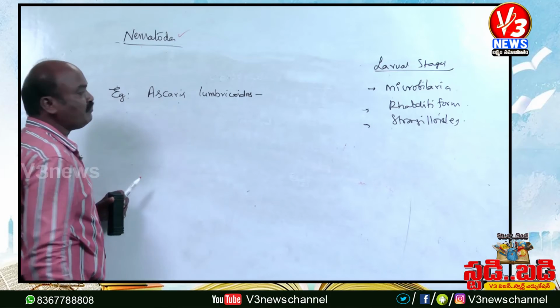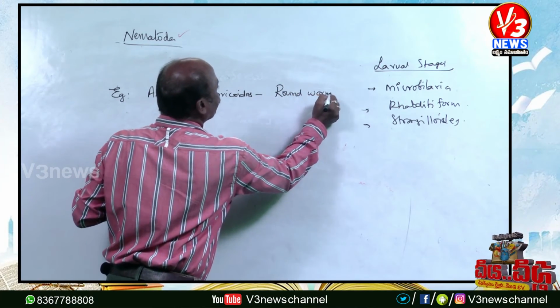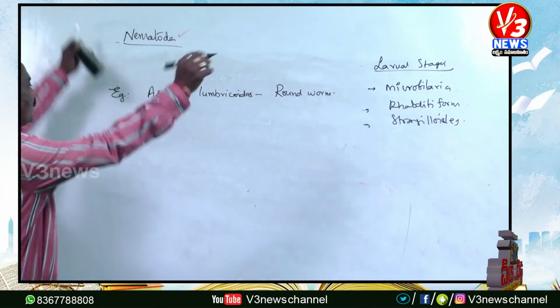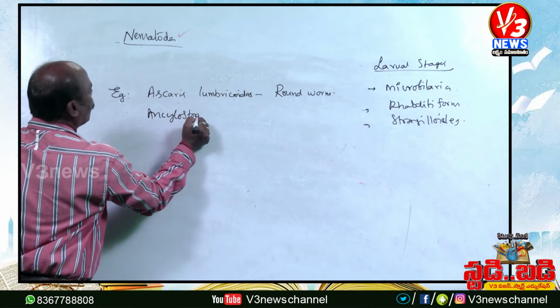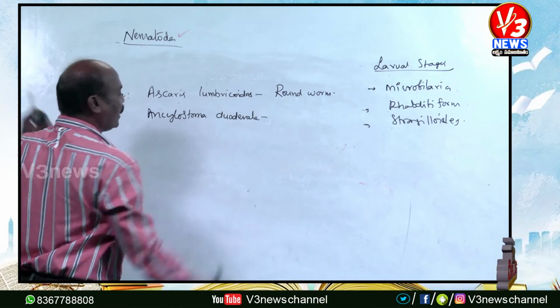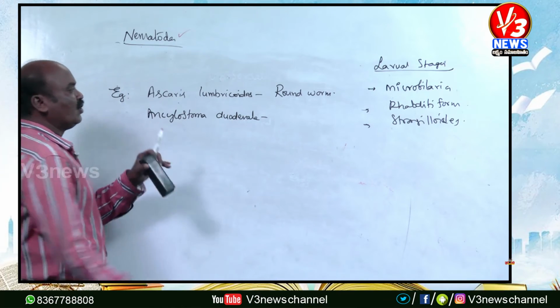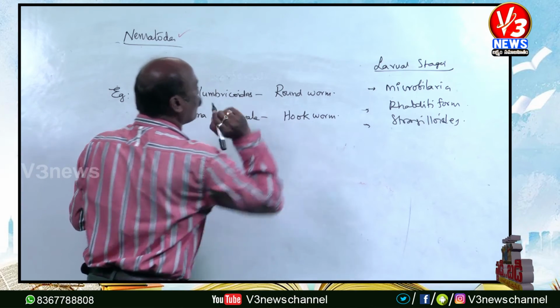This is a scientific name. It is commonly called roundworm. Then Ancylostoma duodenale. This is commonly called hookworm.